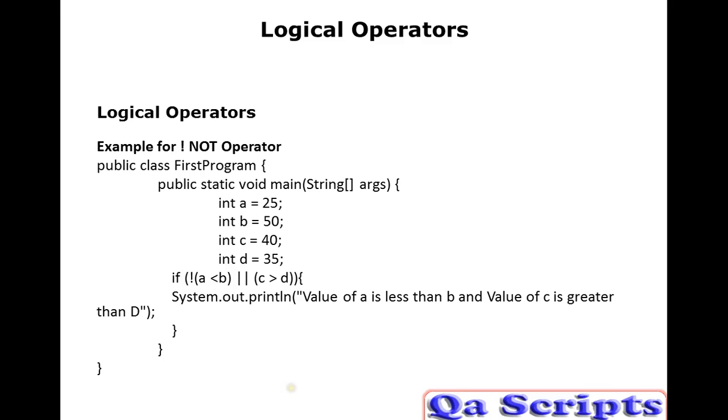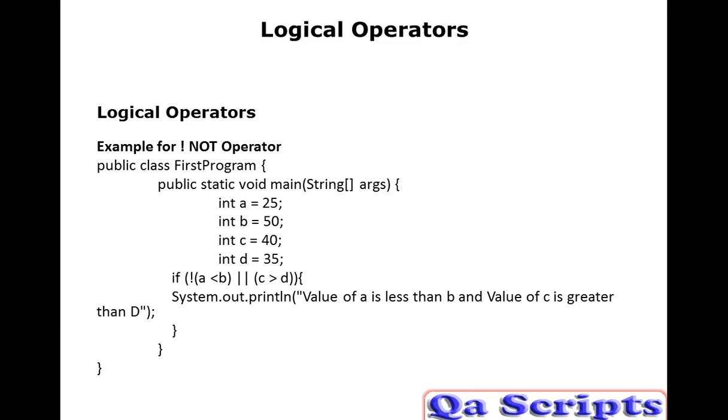Here is another example to demonstrate the not operator. Here I have used the same example. On the left side of OR, I have given not of A less than B. A value is 25, B value is 50, so the condition will be false, but I have used not, so the opposite of false is true.